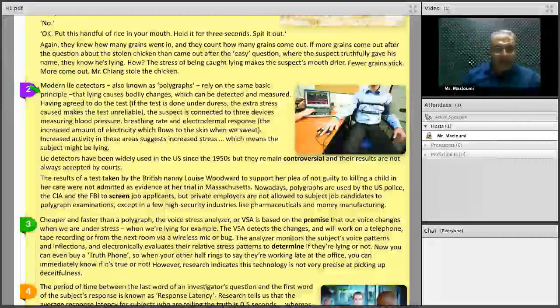So what is the basic principle here? This is the principle that lying causes changes which can be detected and measured. So when we lie, it causes some changes and we can detect, notice, discover, and measure these changes.